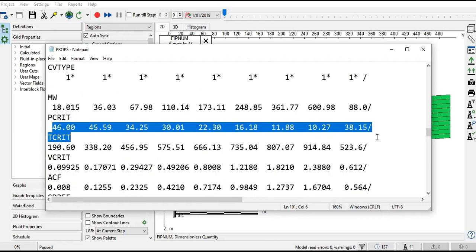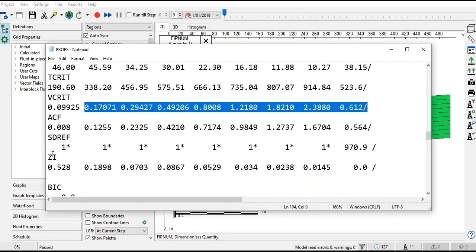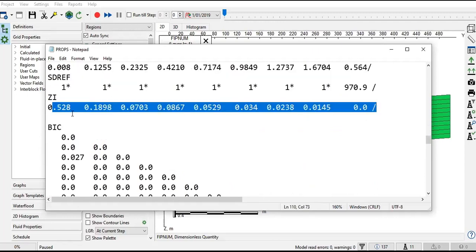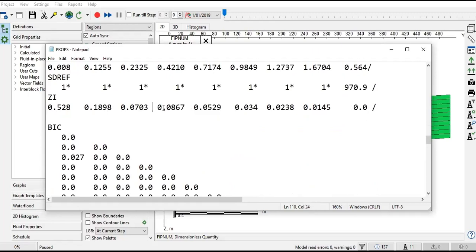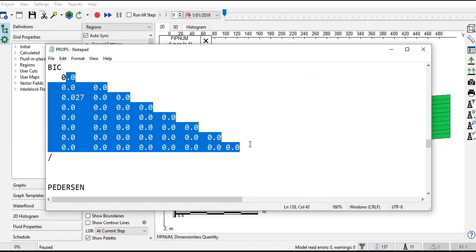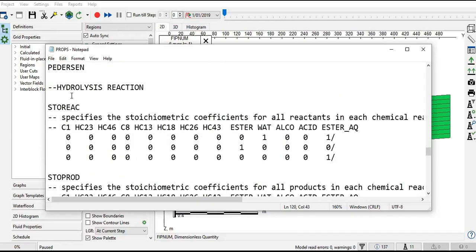Critical pressure, as usual, critical temperature, critical volume, eccentric factor. All right, and then this is the molar fraction. Okay, and then the binary interaction between each component, and then we'll have reaction. I said it before.